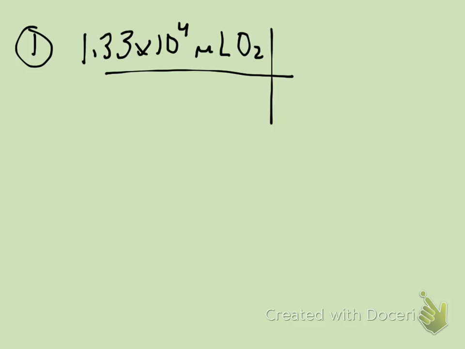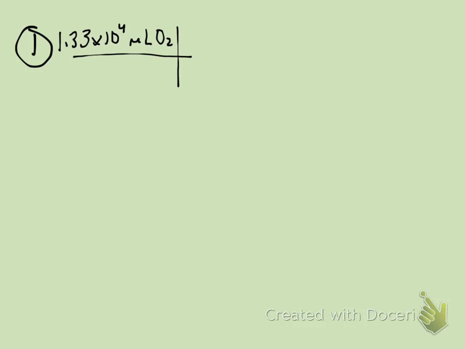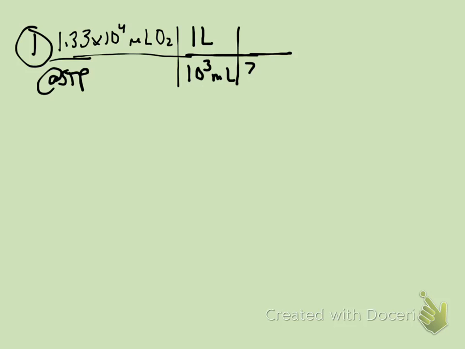So, we're going to use that molar conversion factor. And again, we need to be in liters. So 10 to the 3rd milliliters is 1 liter. And then we can go from liters, because we're at STP, 22.4 liters is equal to 1 mole.